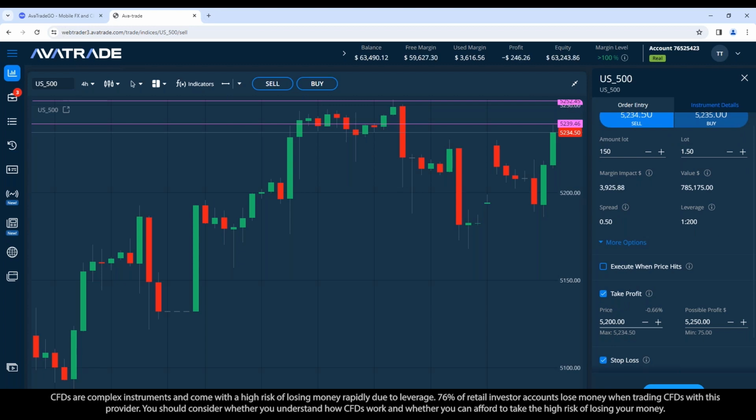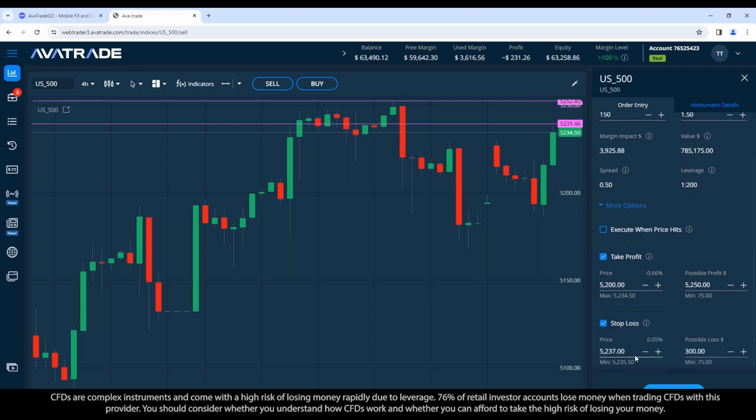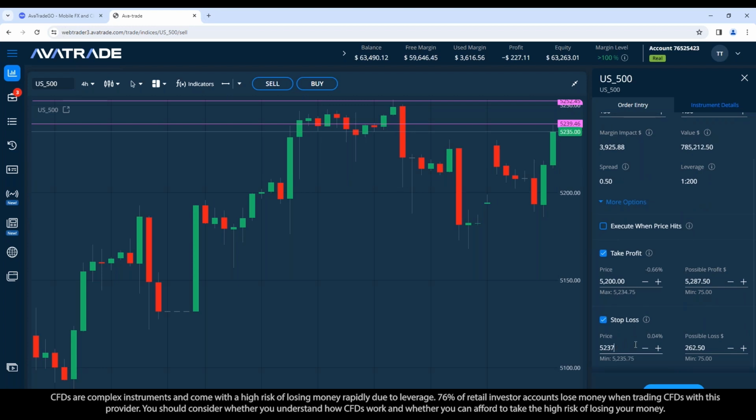So let's say 52.55 for the stop loss. Okay, looks like about double the potential profit compared to risk. A bit less than that, not quite double, but a much better possible profit compared to risk.